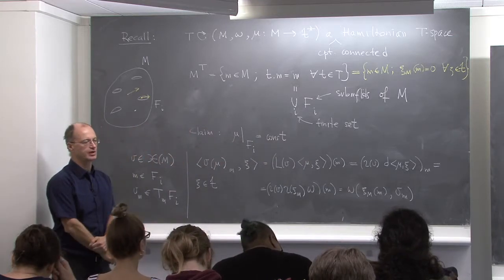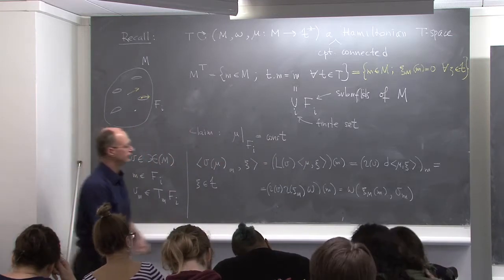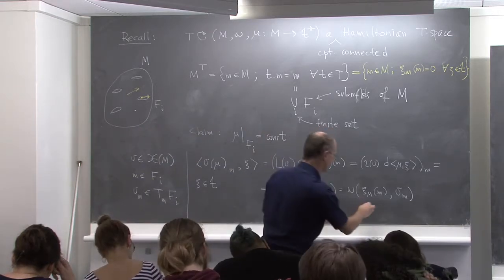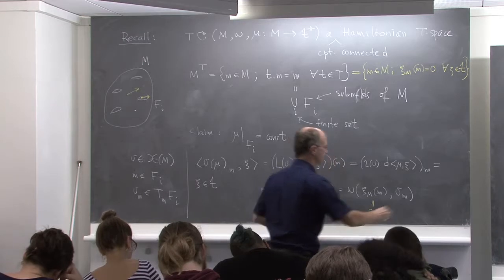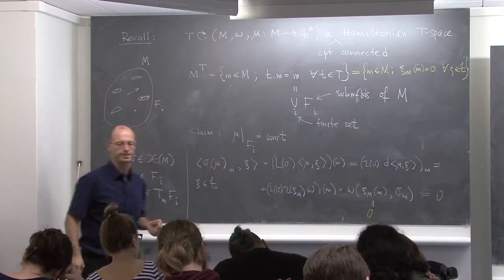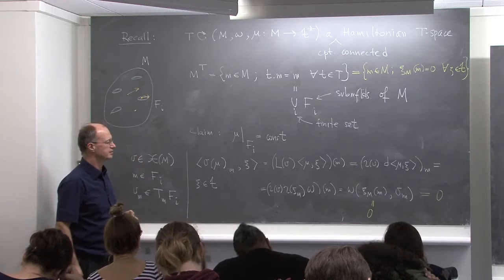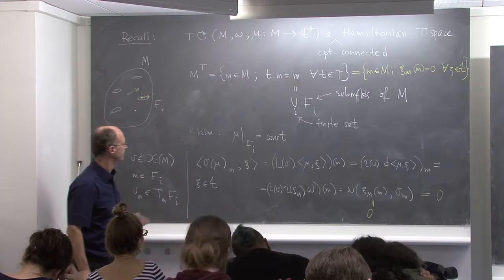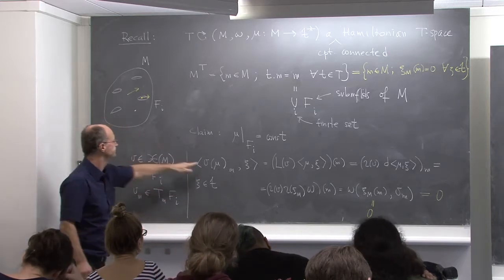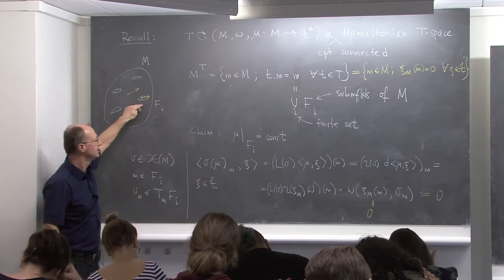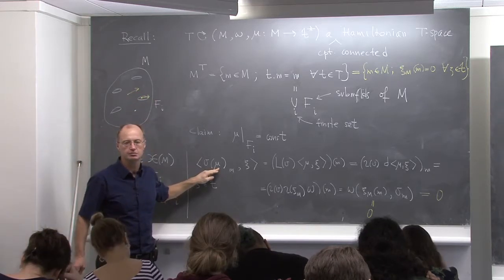That's just another way of writing this expression. And since the fundamental vector field is 0, this must be 0. So we see that the vector fields which are tangent to Fi kill mu.